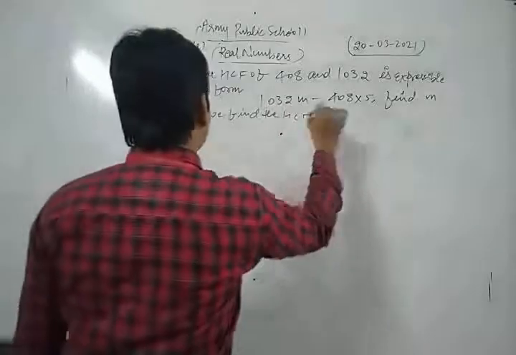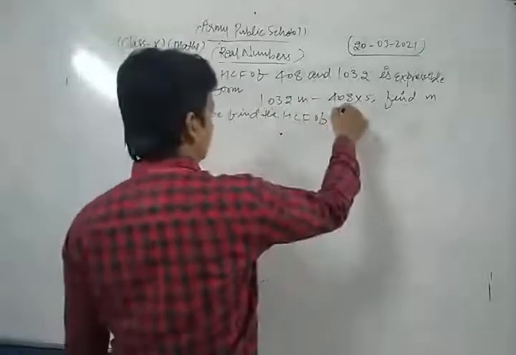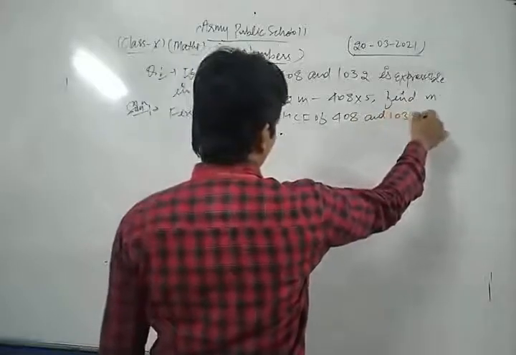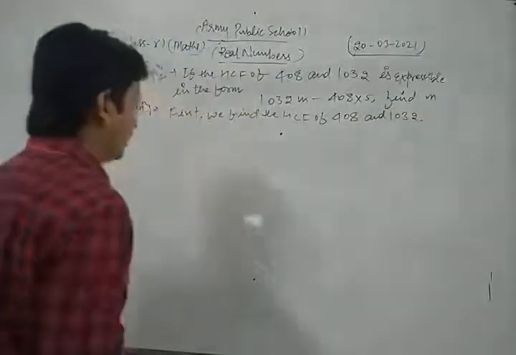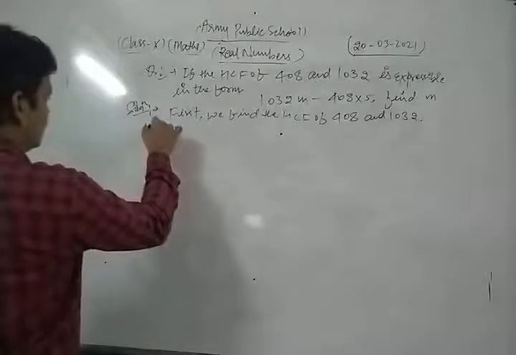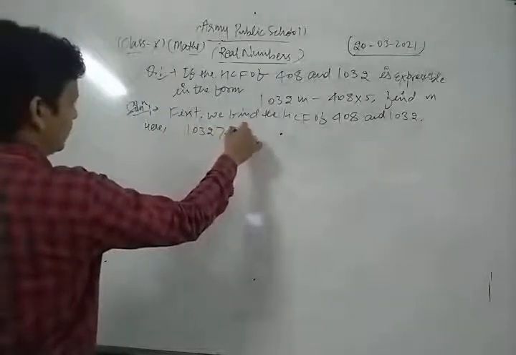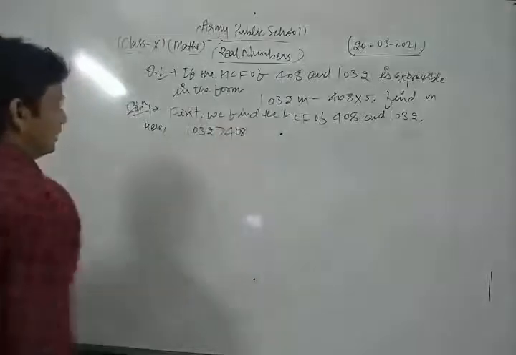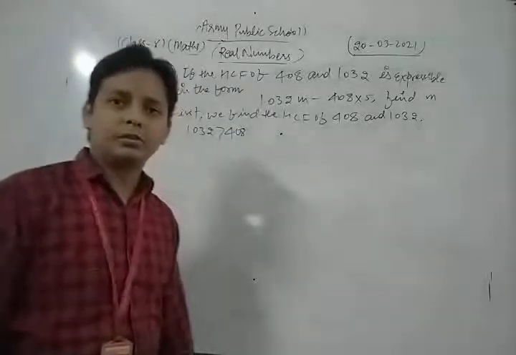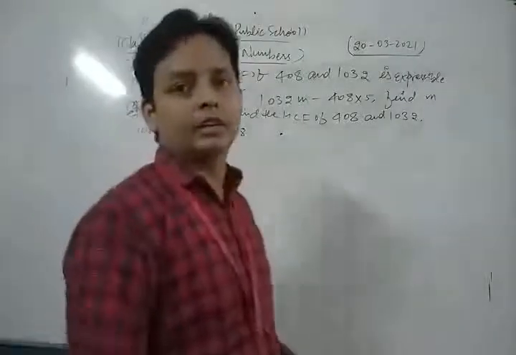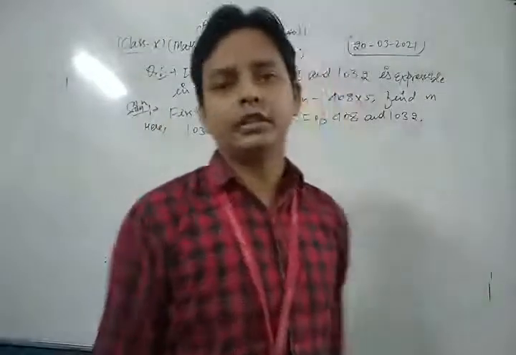First we find the HCF of 408 and 1032. Here 408 is less than 1032. Now we divide by 408, applying the Euclid division lemma.